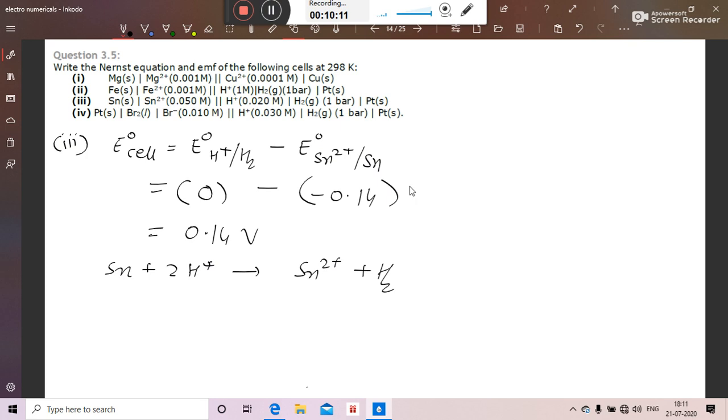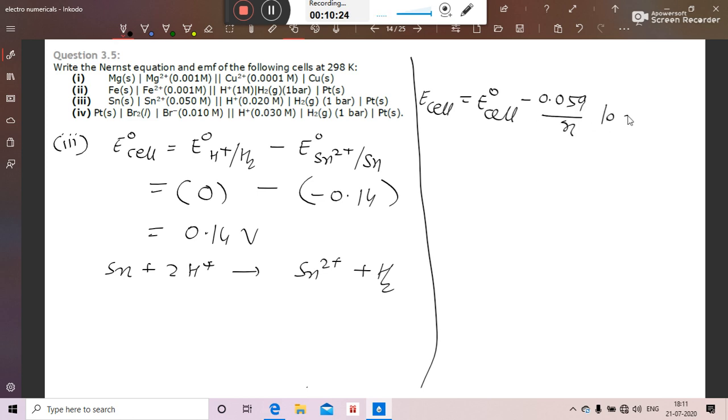Now E cell is equal to E naught cell minus 0.059 upon n log of the concentration of the ion on the right hand side, that is the concentration of Sn2+ raised to 1, upon the concentration of the ion on the left hand side, that is the concentration of H+ raised to 2.